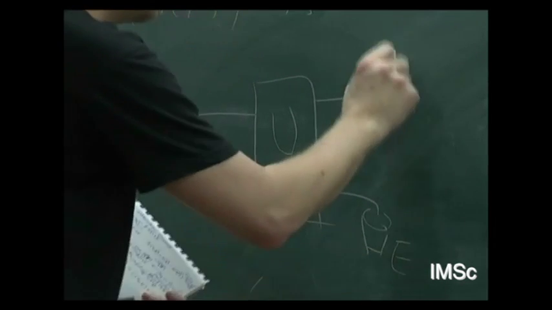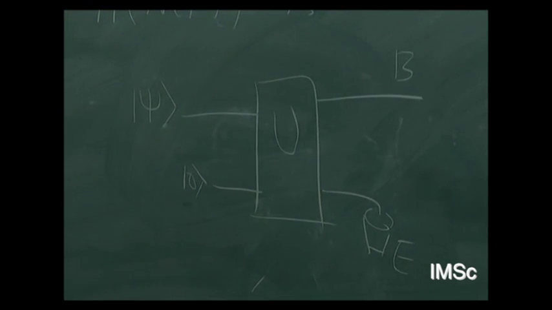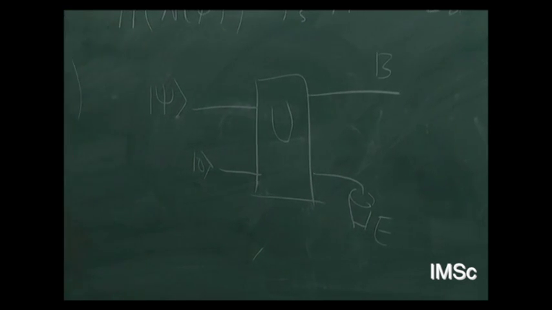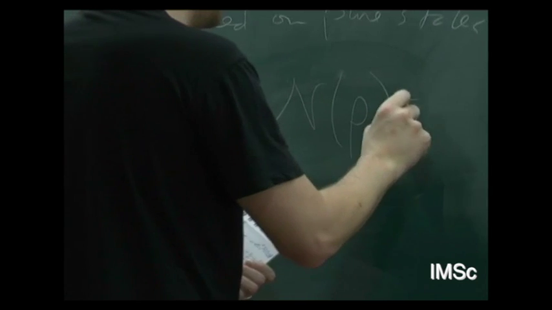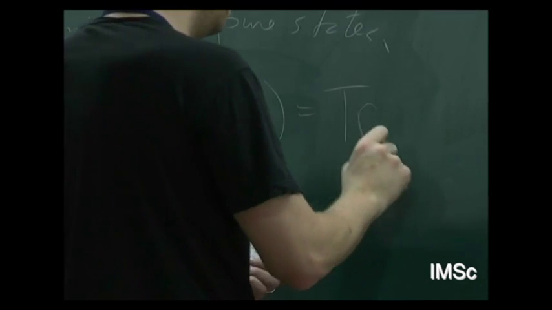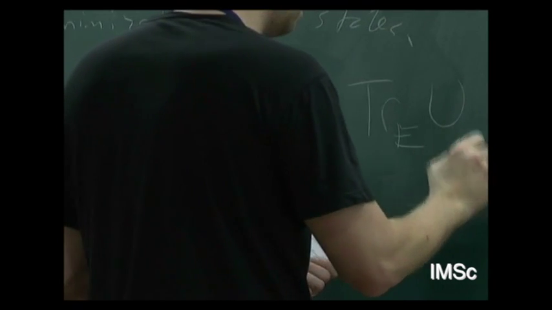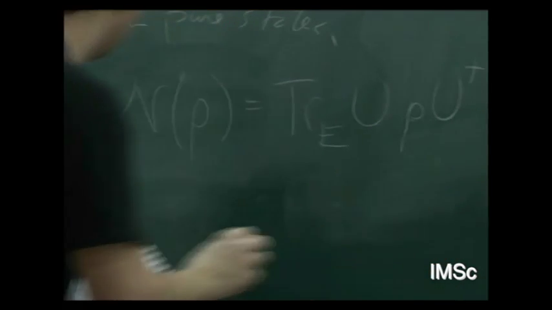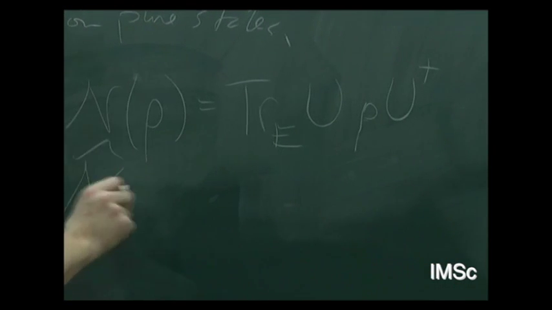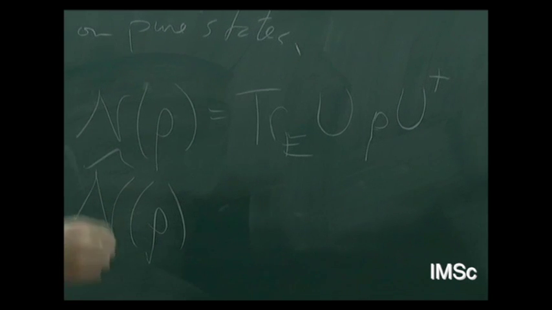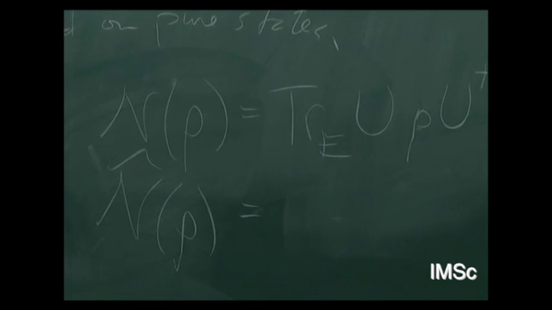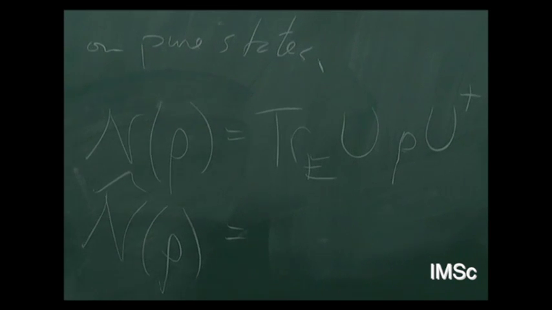Call this E, call this B. So the nice thing about this is if I'm interested in the minimum output entropy, if I call the primary channel I'm interested in N, then there's a secondary channel I can call N hat, the complementary channel, where I do the same unitary here, but I just trace out B and look at the mapping from the input to the environment.